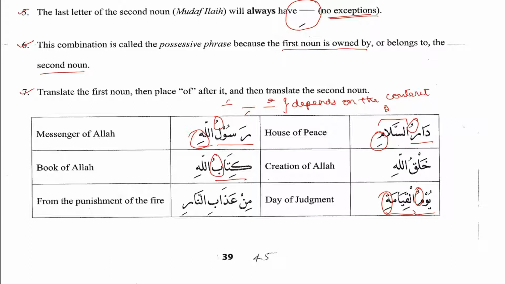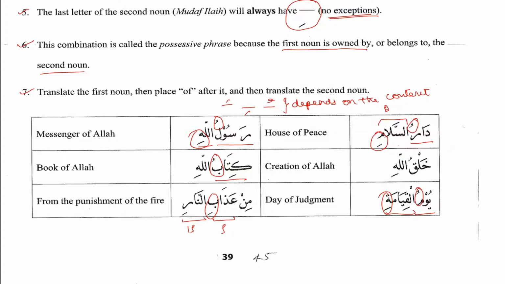So where is the mudaf and where is the mudaf ilaih? The first noun here, azabi, is the mudaf, and an-nari is the mudaf ilaih. Let's try to analyze the mudaf. It is indefinite, azab, not specific, and there is no tanween here, and it has a kasra.